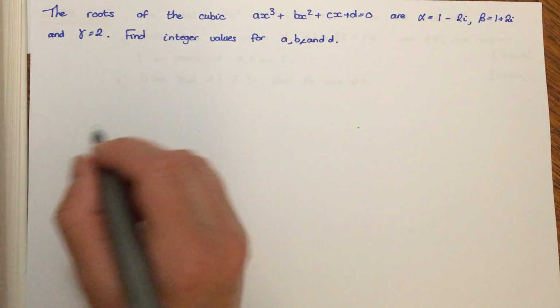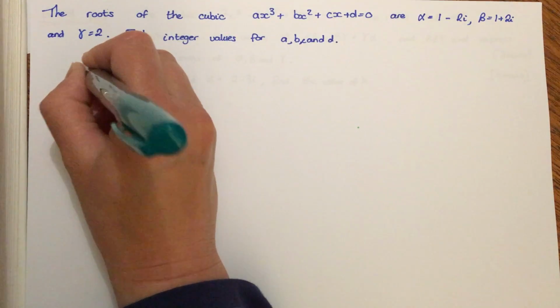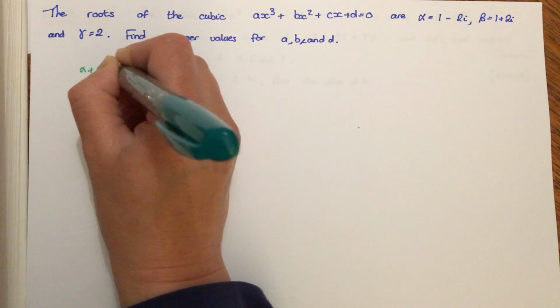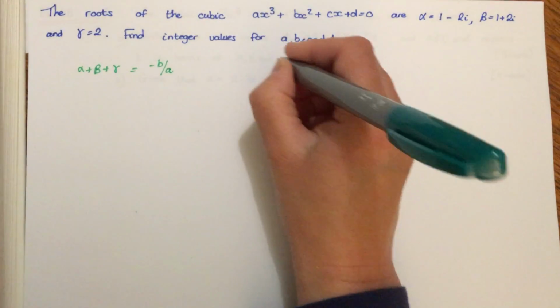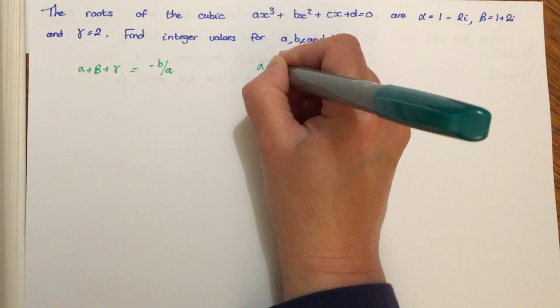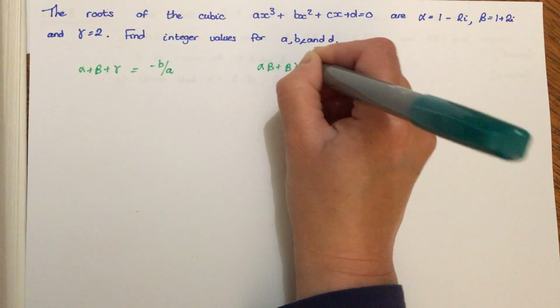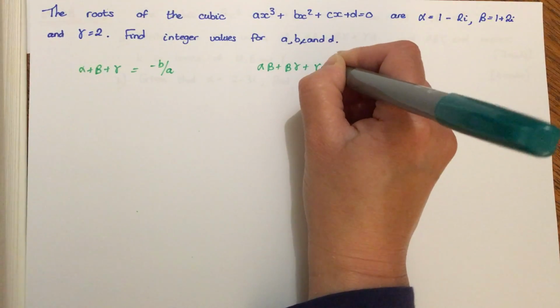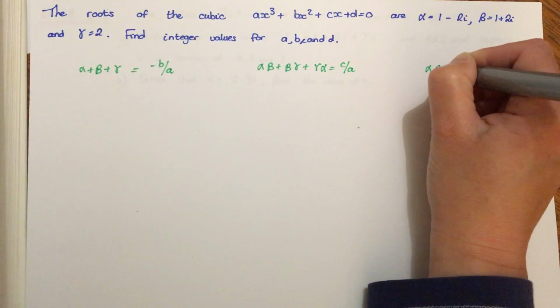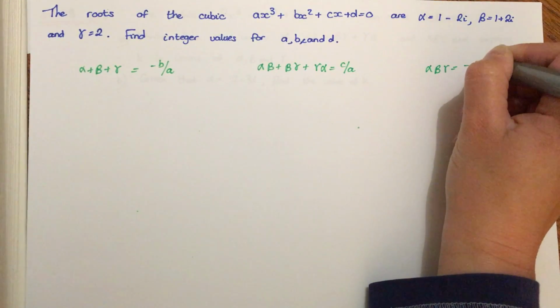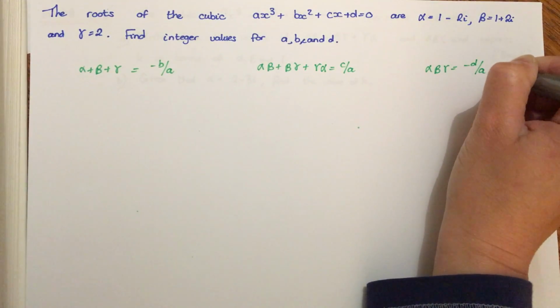Except for the rules for cubics, we need to remember that alpha plus beta plus gamma is minus b over a. Alpha beta plus beta gamma plus gamma alpha is c over a, and alpha beta gamma is minus d over a.